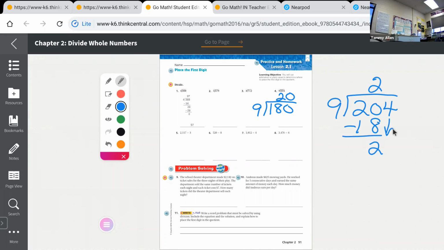Drop the 4. 9 goes into 24. The remainder is 6. Yeah? Good with that? Okay. Questions?